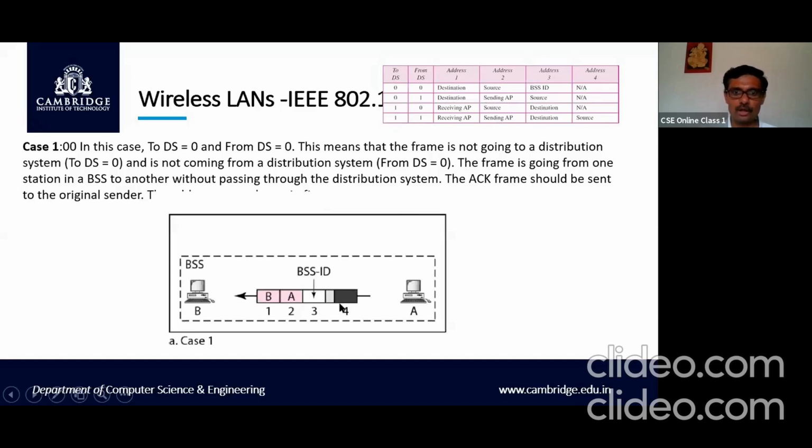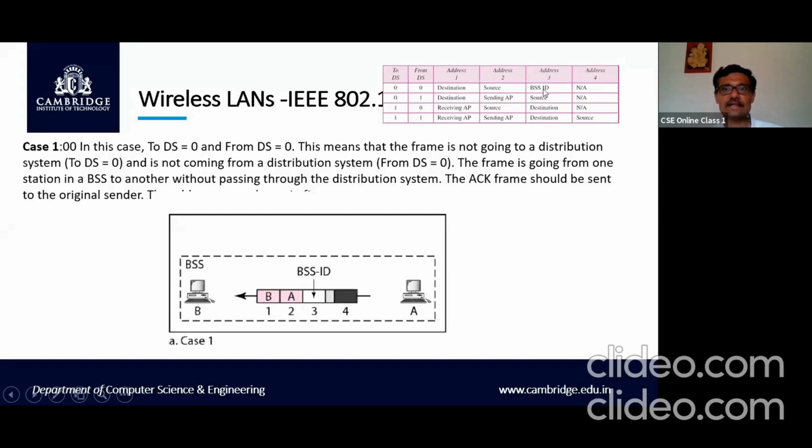Now, in this case, what type of communication is it? You can see a frame is sent from one station to another station within a BSS without the use of an AP. The AP is not used here. This station is directly sending to station B. Now, see here, there are 4 addresses, 1, 2, 3, 4. As you see in the table, the 4th address is not applicable here.